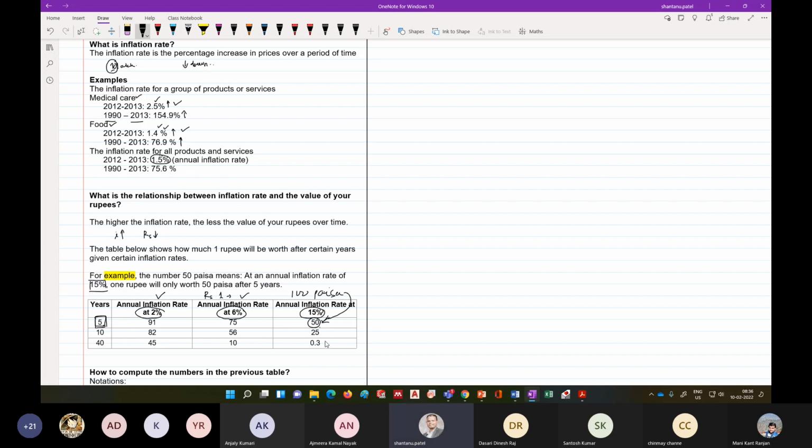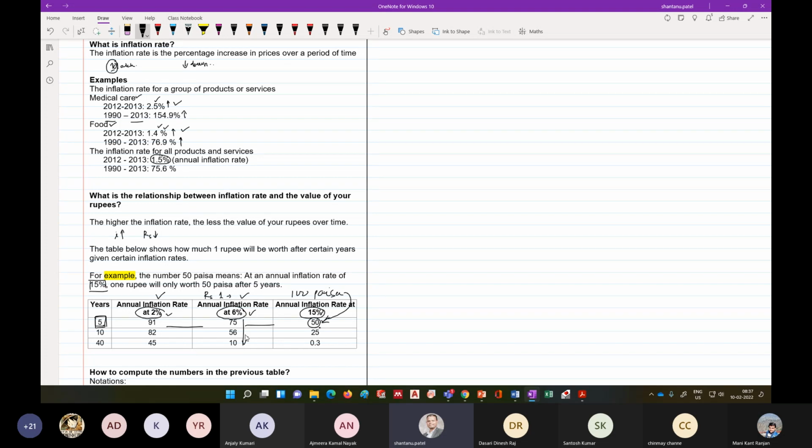So there are two things. If the inflation rate is more, it's common sense, right? The value of money will reduce more.